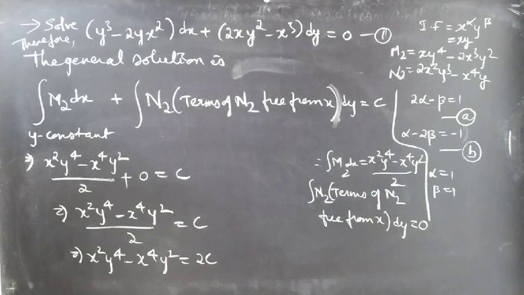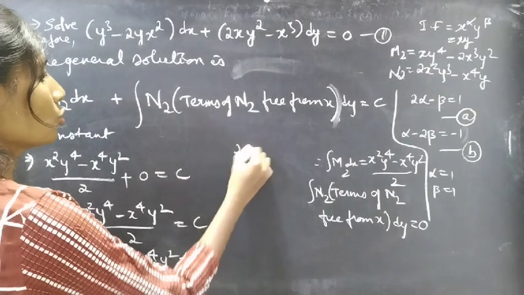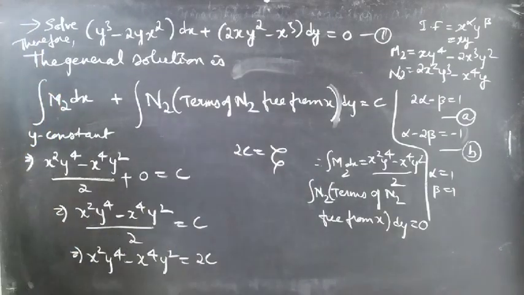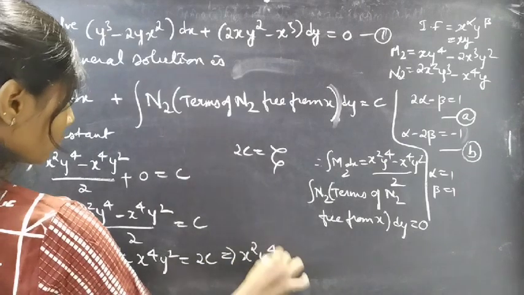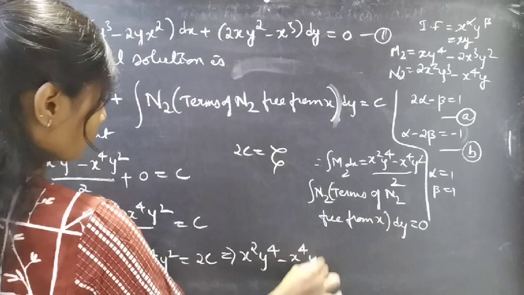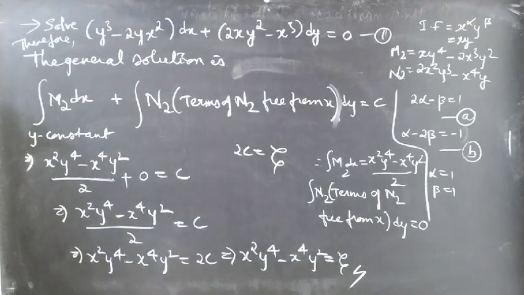Okay. Since c is arbitrary constant, 2 is constant, so we can write 2c as some c, right? Then this gives us x square y power 4 minus x power 4 y square equal to c, which is the required solution to our problem. This completes the problem.